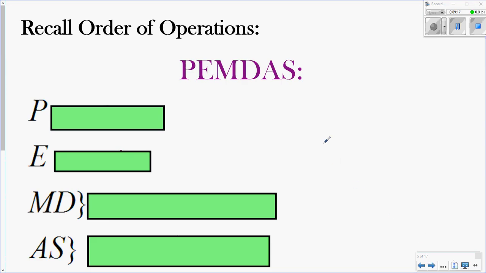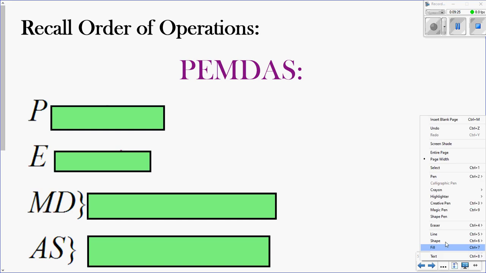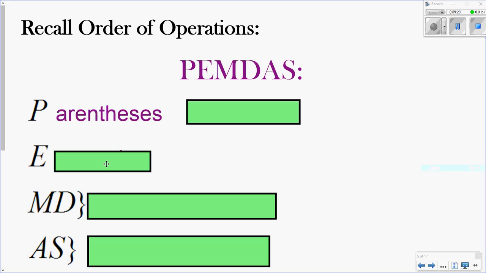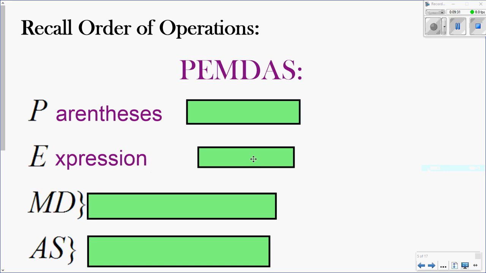Most of you may have recalled the mnemonic phrase PEMDAS. And PEMDAS, if you remember, means parentheses, expression, sorry, it should be exponent. Let me change that. That shouldn't be expression. That must have been a typo. So exponent.